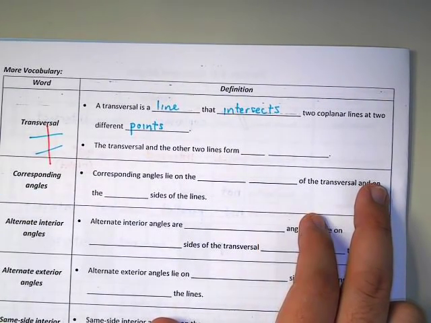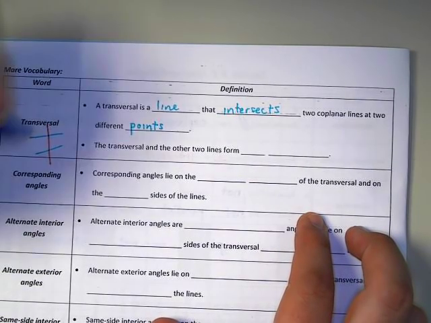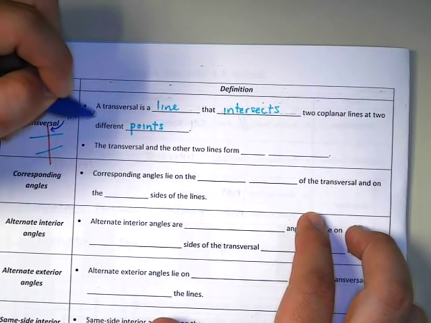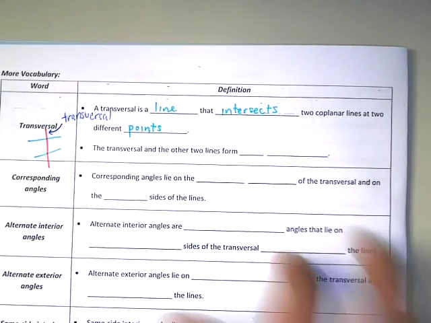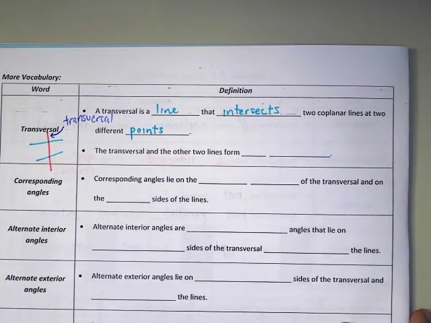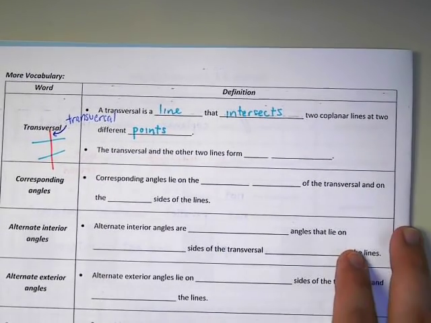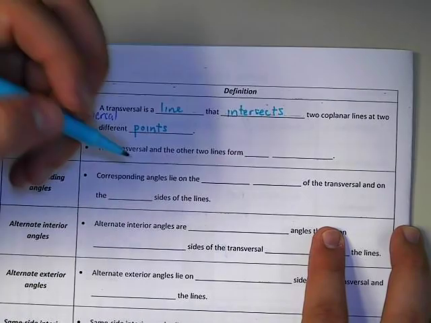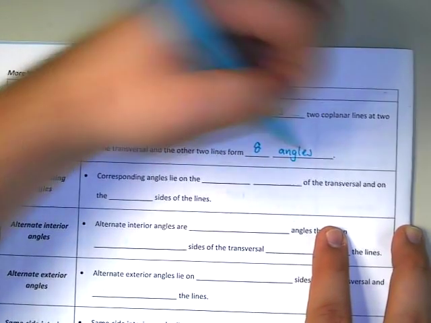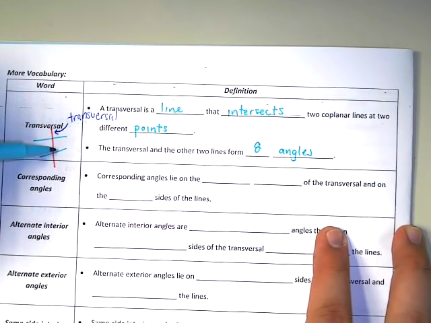How do I know? It's intersecting both at 2 points. So the pink is the transversal. All right. The transversal and the other 2 lines always form 8 angles, right? 1, 2, 3, 4, 5, 6, 7, 8.